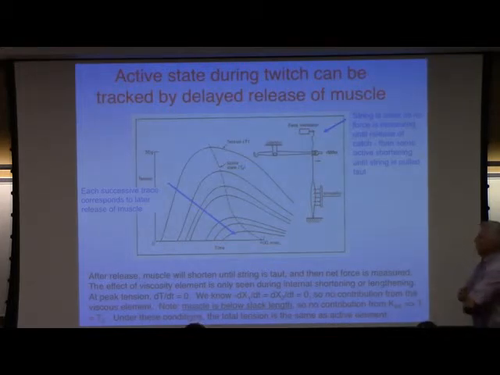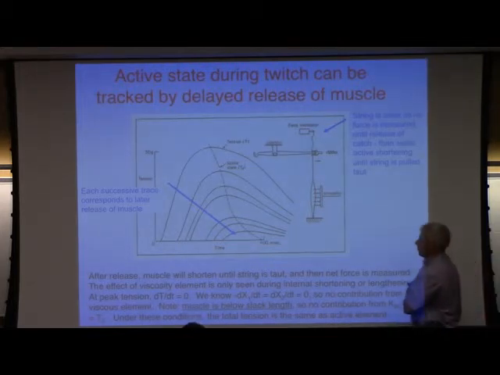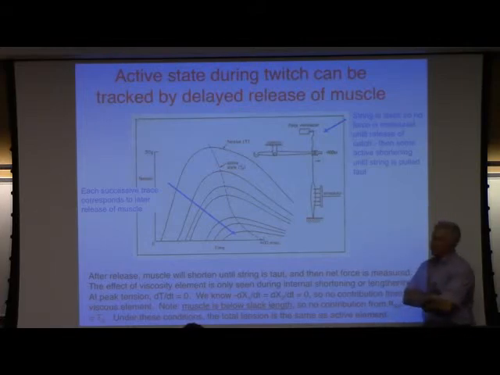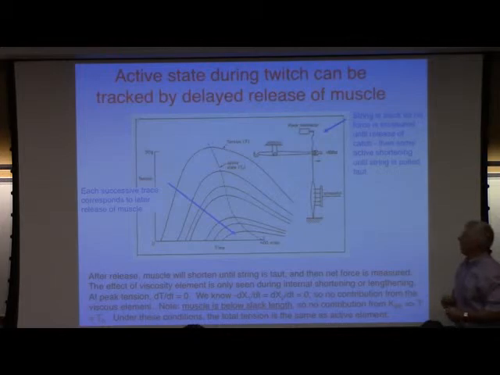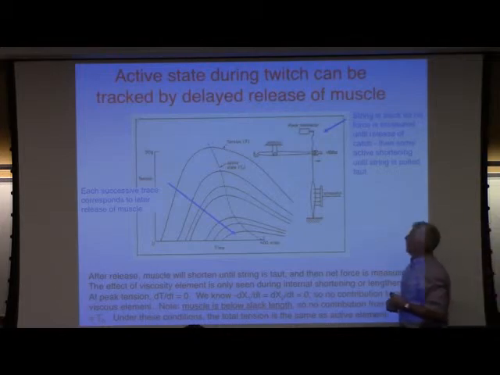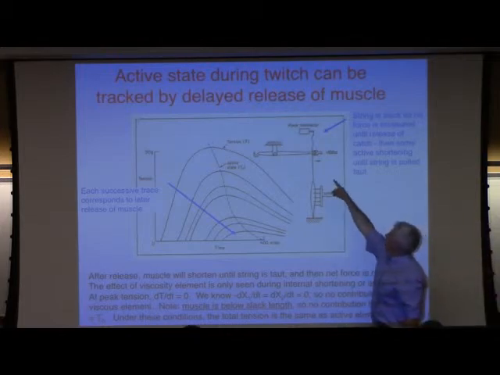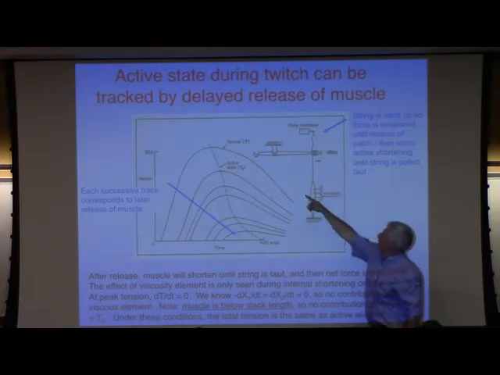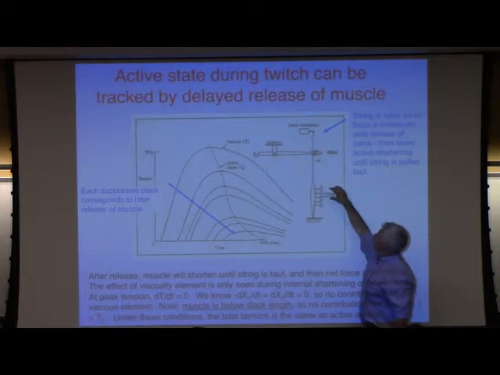this is a very clever experiment that was done because they were trying to figure out what was going on in the active state, that pure tension generator. So they set up this experimental setup. Now we have the same lever with the catch. There's no load put on it. What we're going to do is stimulate the muscle, and at some delay we release that catch.